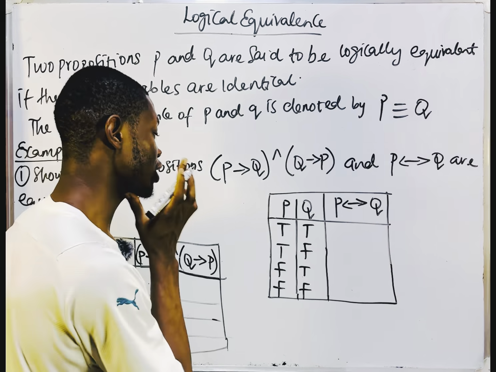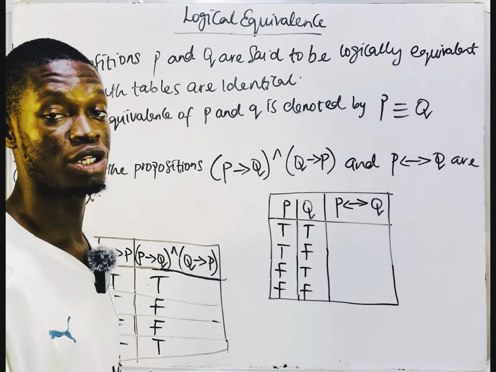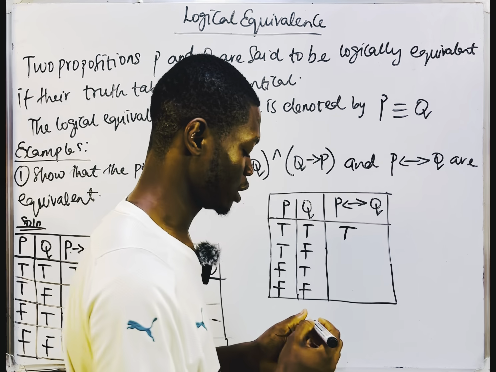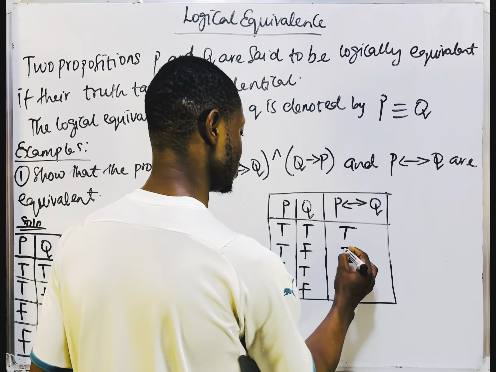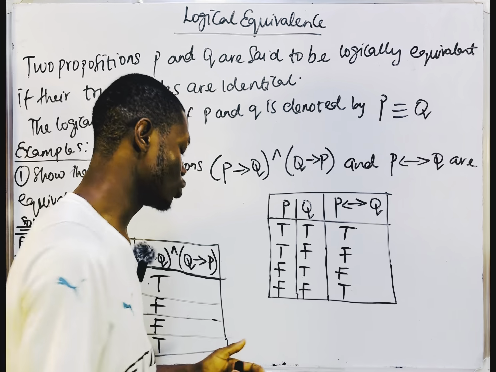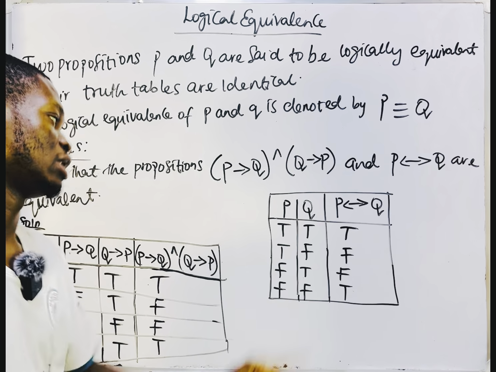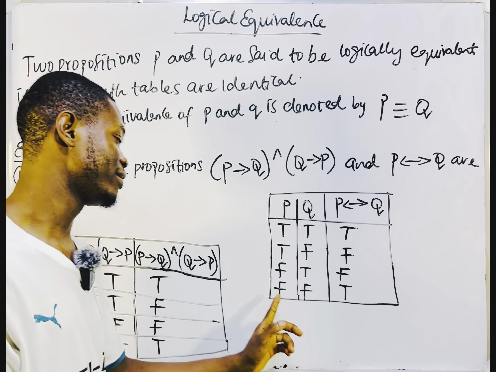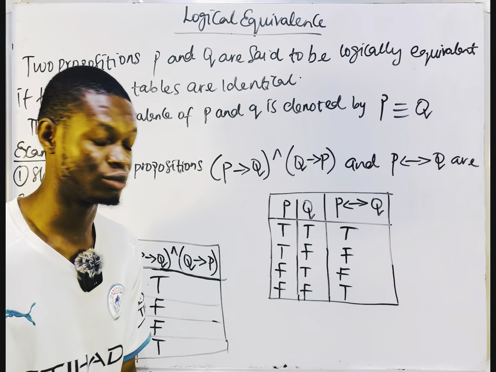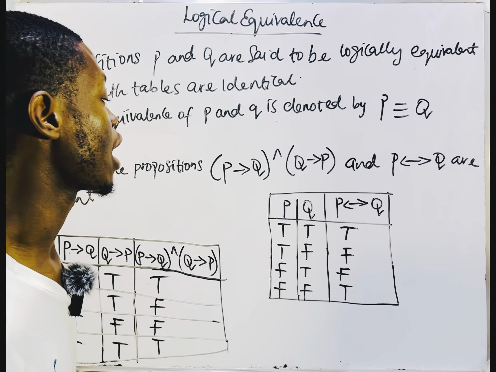Under this if and only if, true, true is true. If you have true, false, it's false. False, true is false. False, false is true. So it's only when P is true and Q is true that it is true, or when P is false and Q is false that it is true. So that is for if and only if.